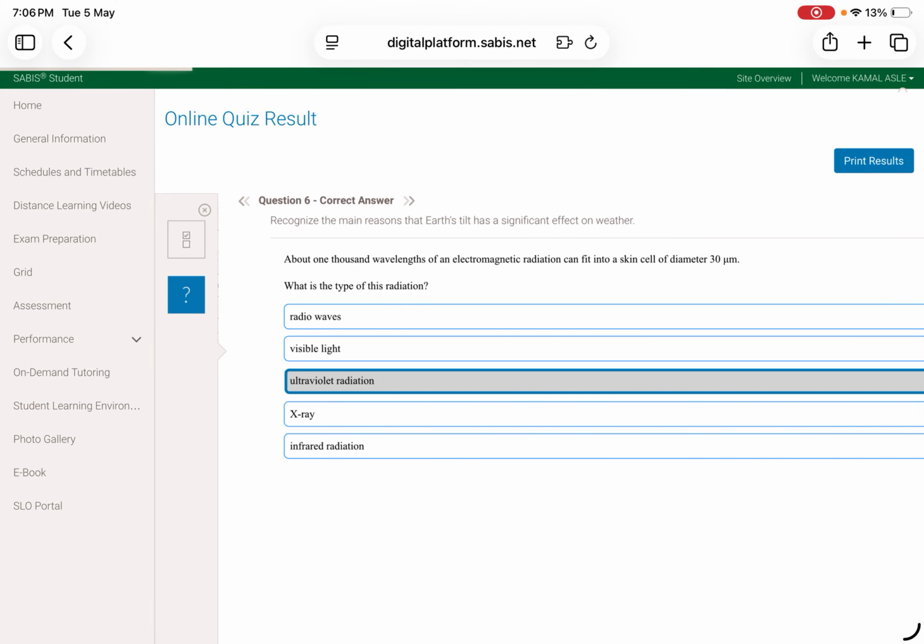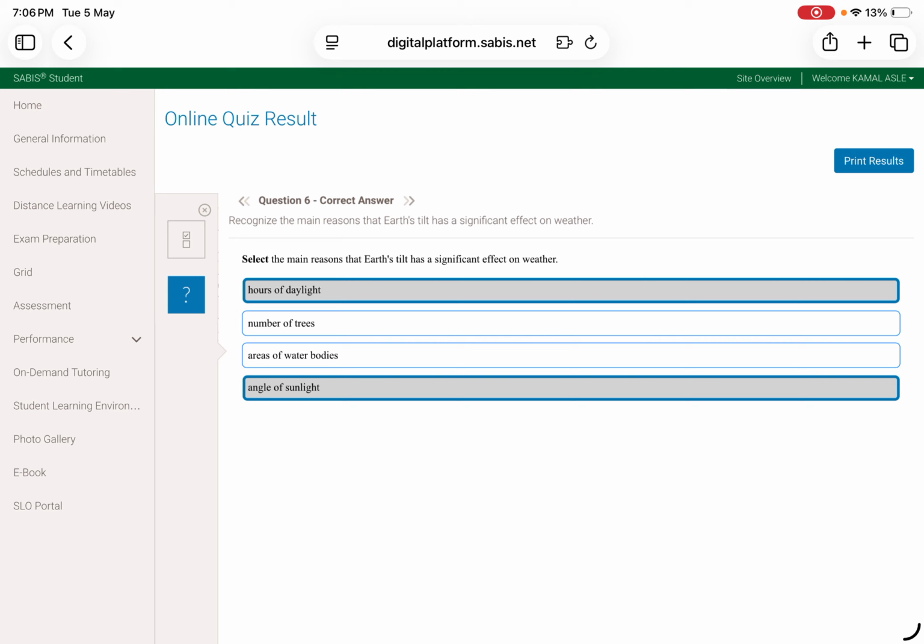Question number 6. So here it says select the main reasons that the Earth's tilt has a significant effect on the weather. The options are the hours of daylight, number of trees, areas of water bodies. Okay, so here you already know that the Earth is tilted 23.5 degrees, and that tilt changes.